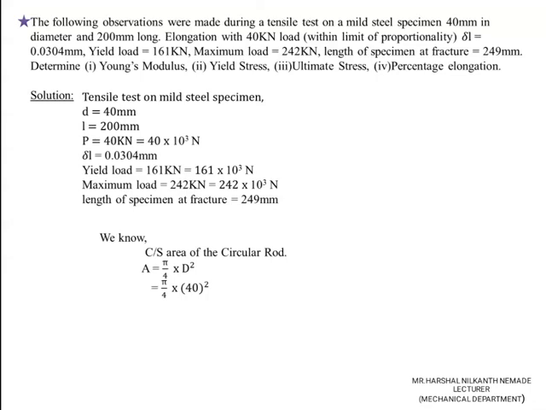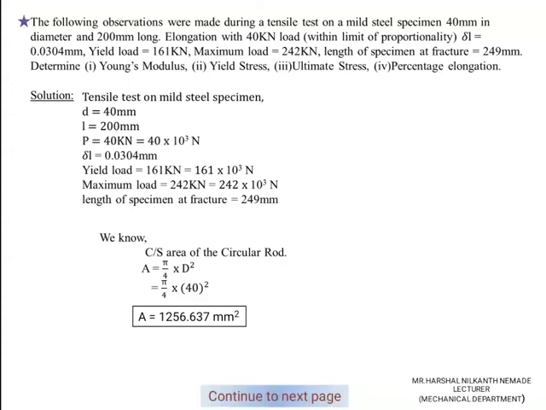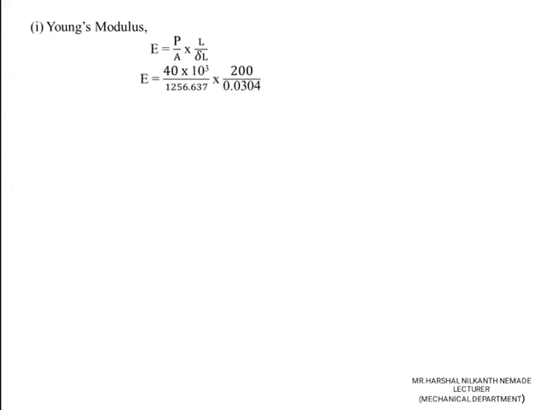So we know the cross-sectional area of a circular rod, A is equal to pi by 4 multiplied by d square. A is equal to pi by 4 multiplied by 40 square. So A value will be 1256.637 mm square. After getting the area, we will find Young modulus.